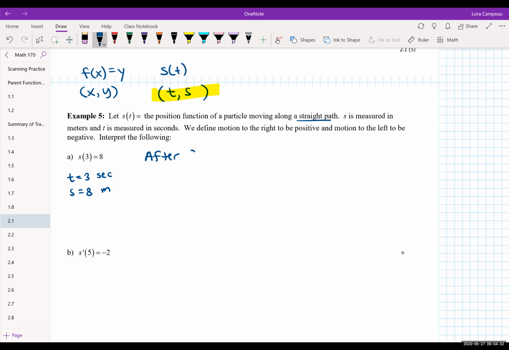After 3 seconds, the particle is 8 meters to the right. And why to the right? Let's go back. What was the value on the S? Was it positive or negative? Positive. So 8 meters to the right of its initial position.